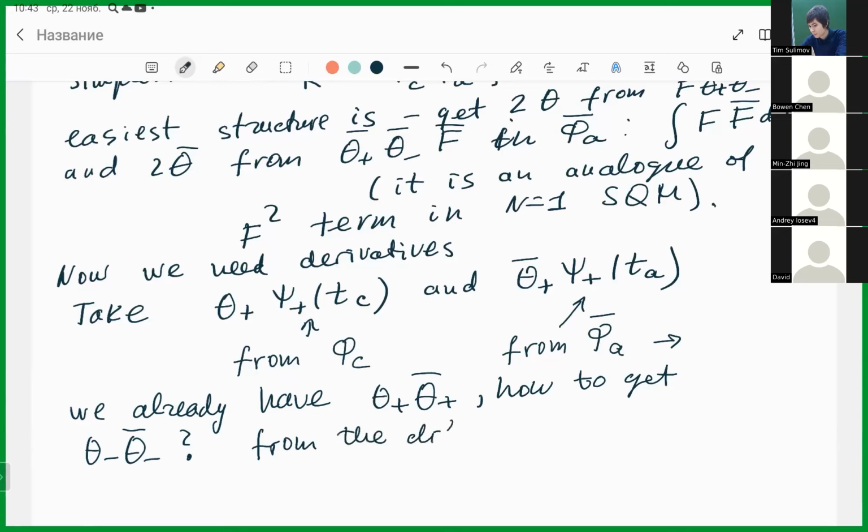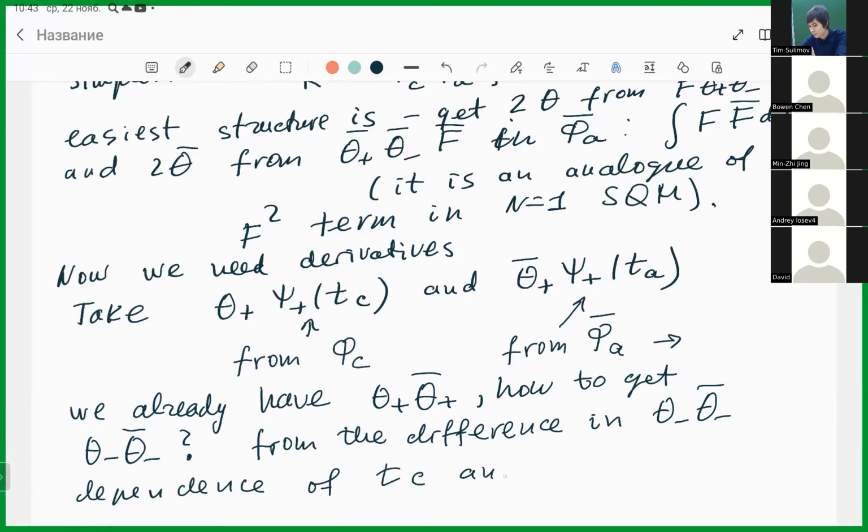From the difference in theta minus bar dependence of t chiral and t antichiral.